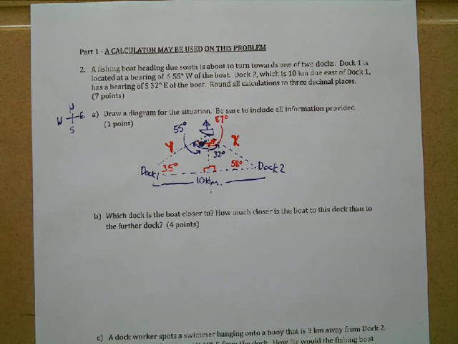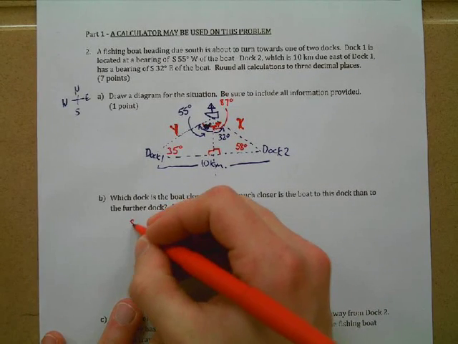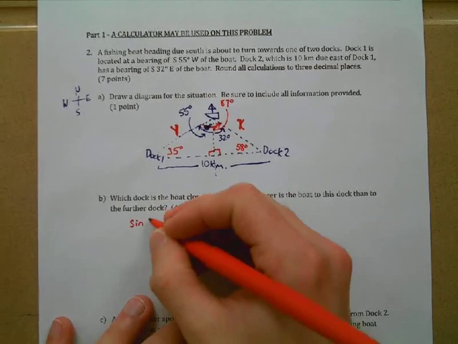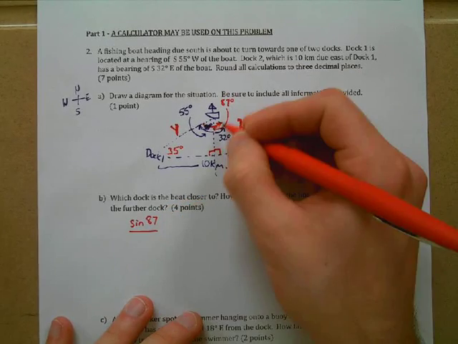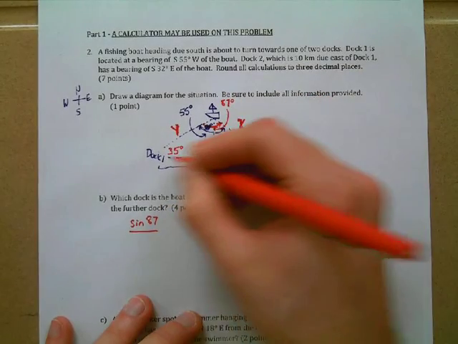Okay, we know this full angle here, it's 87, and the full side here is 10. So the full side of this triangle is 10, and that matches to the full angle 87, right? We want to use the 55. 55 is opposite this piece, which we don't know that distance, right? Or the 32 is opposite this piece in the smaller triangle. Again, we don't know that, but if we say the big angle there, that's opposite 10, so there's our setup for that. And now I can just pick whichever one we want to solve.